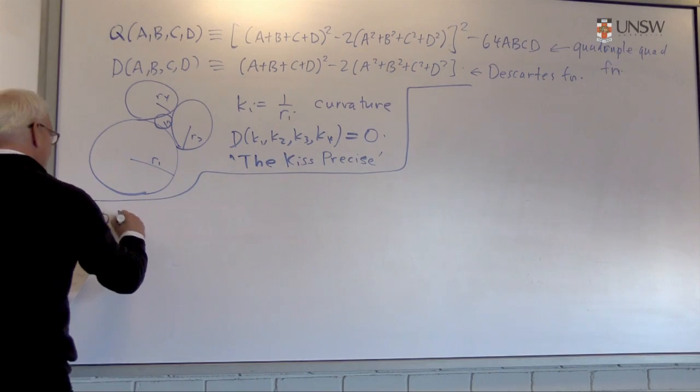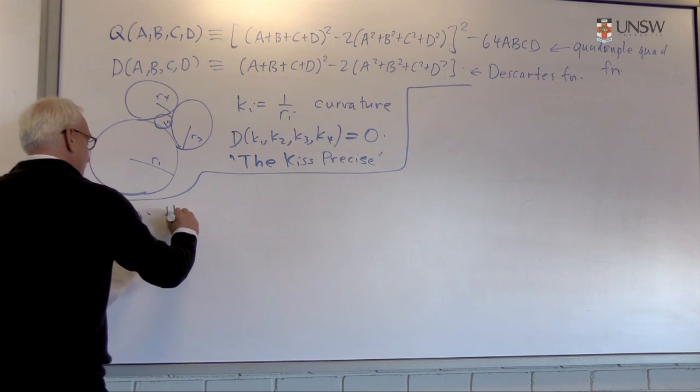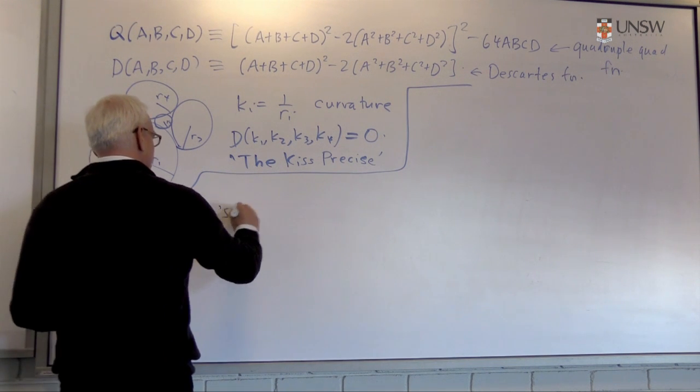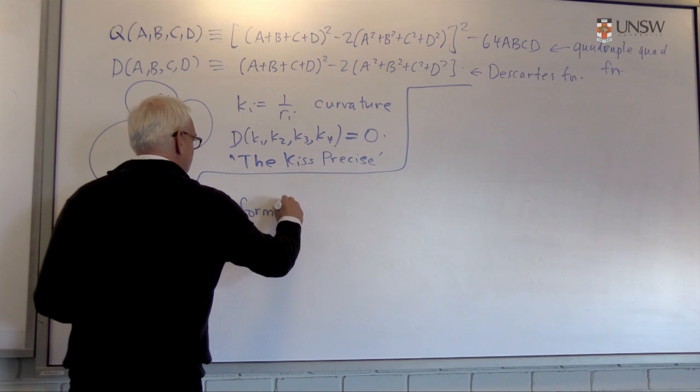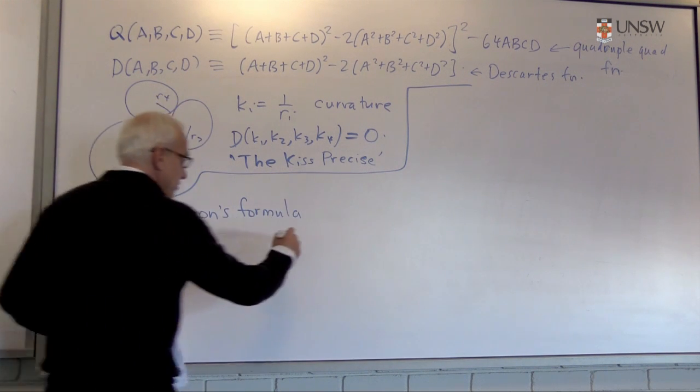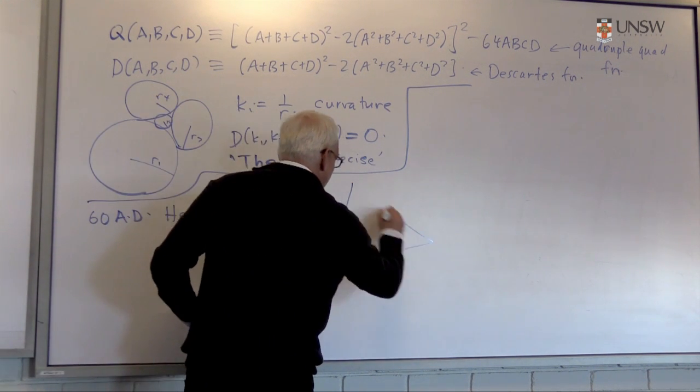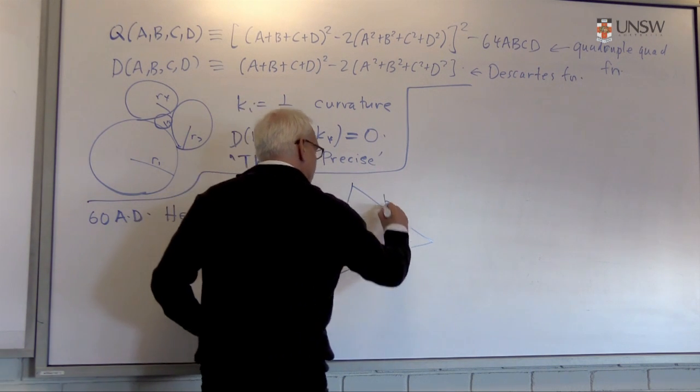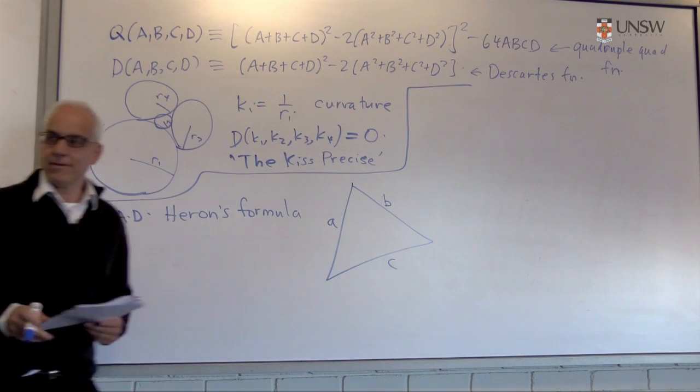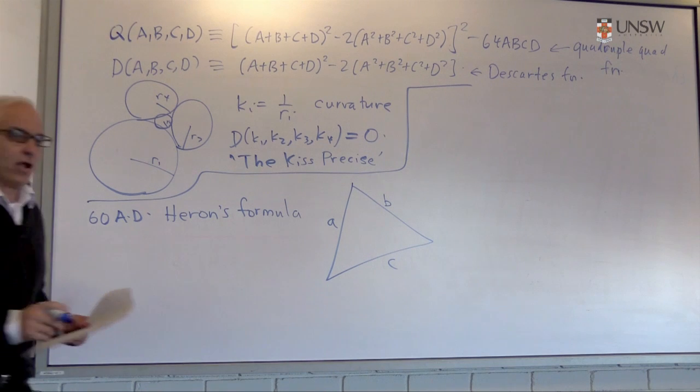Okay, so let's go back in time to 60 AD, to Heron of Alexandria, who came up with the following formula for the area of a triangle. You have a triangle with side lengths A, B, C. Side lengths now, not quadrances.